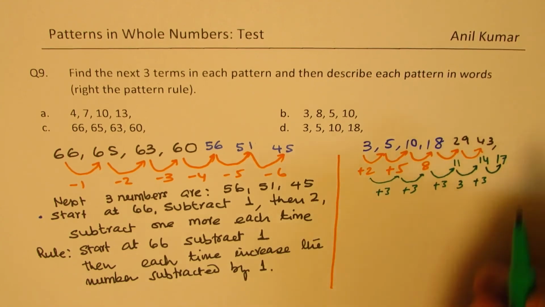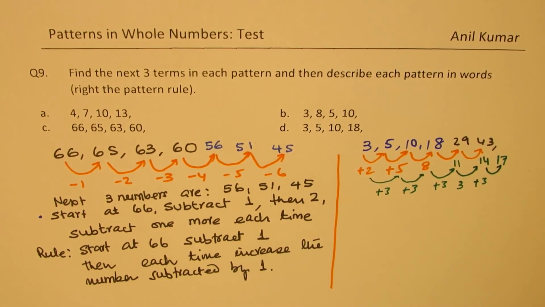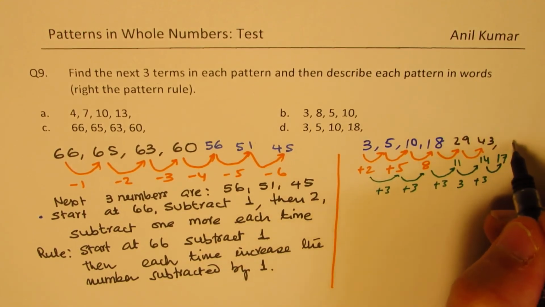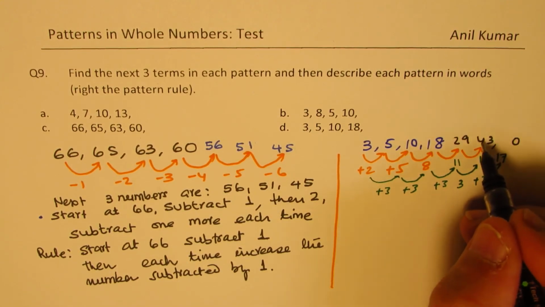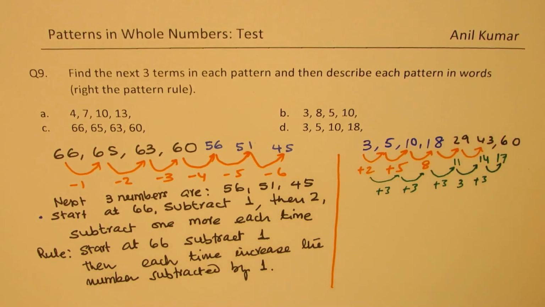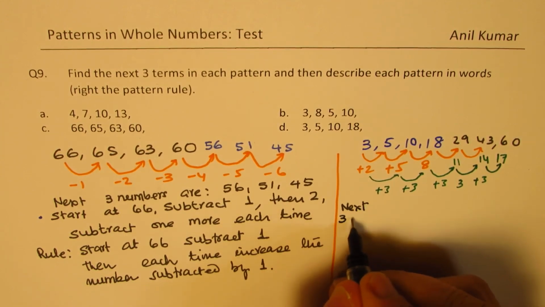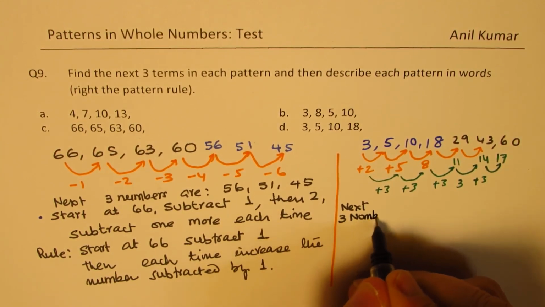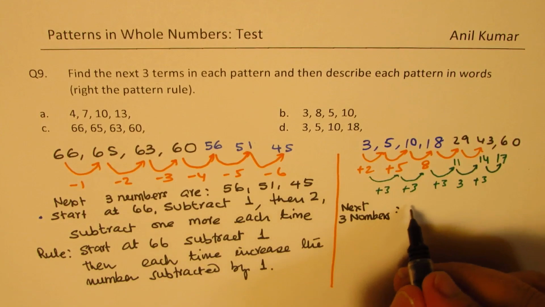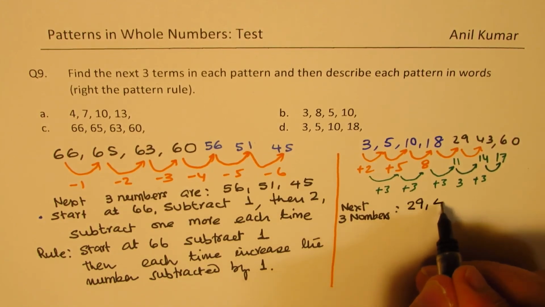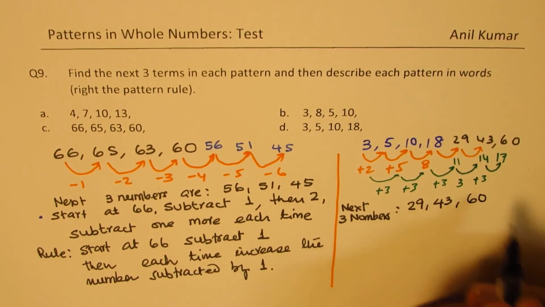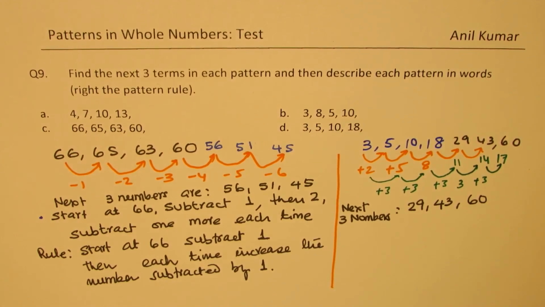Which is 17. Adding 17 to 43 will give 7 plus 3 is 10, and we get 4 plus 1, 5, and 1, 60, right? So these are the numbers. So we can write down that the next 3 numbers are 29, 43, 60, right? So slightly tricky, right? How will you describe this?